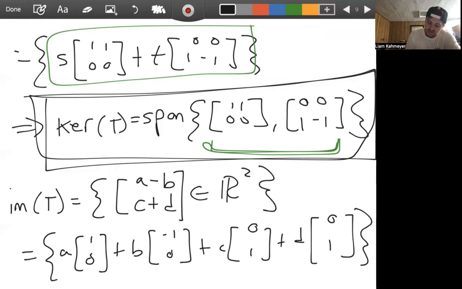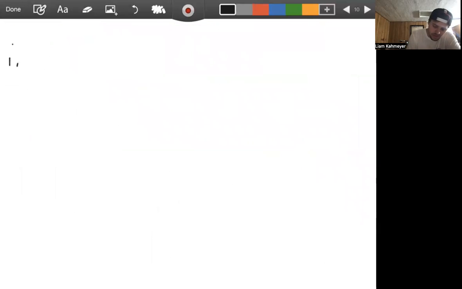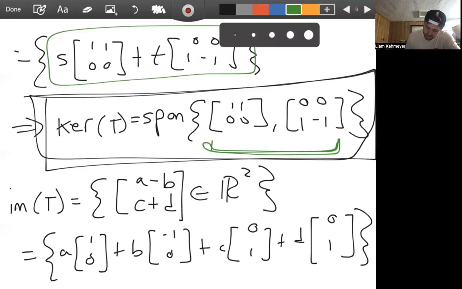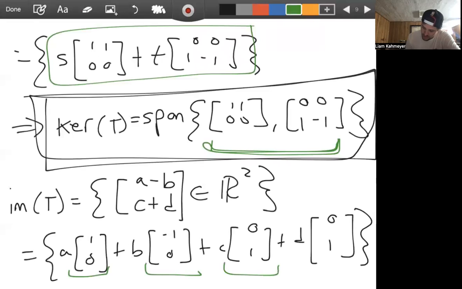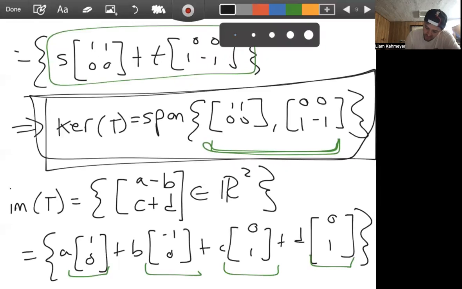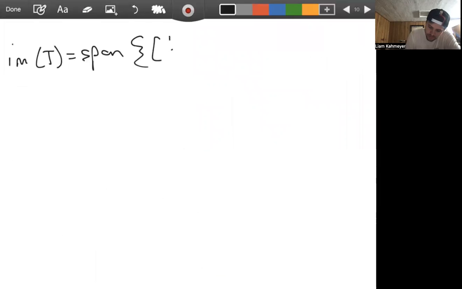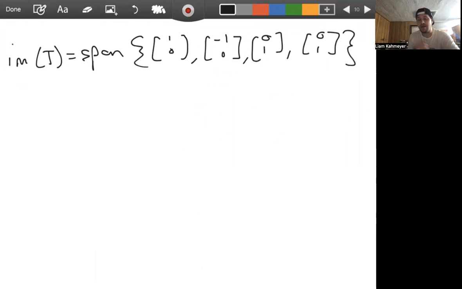And so here you can see that the image of T is then spanned by these 4 vectors here. So we have (1, 0), we have (negative 1, 0), we have (0, 1), and we have (0, 1). This is very clearly a linearly dependent set.